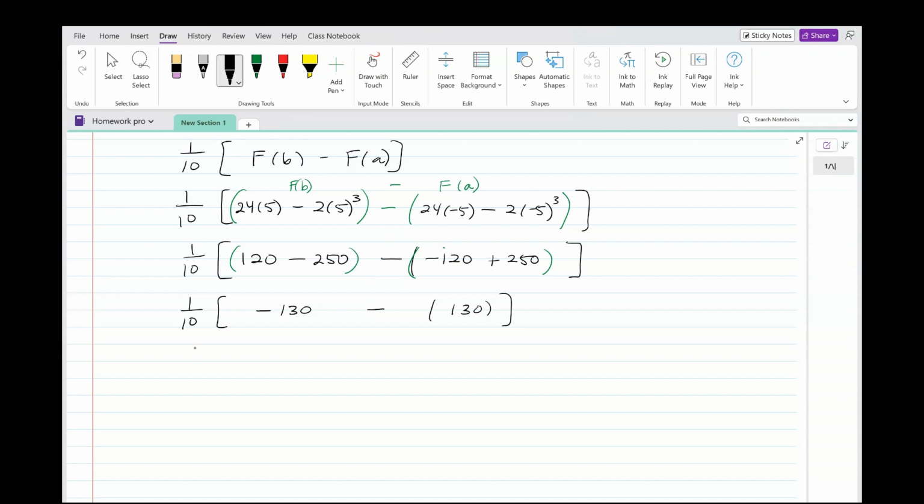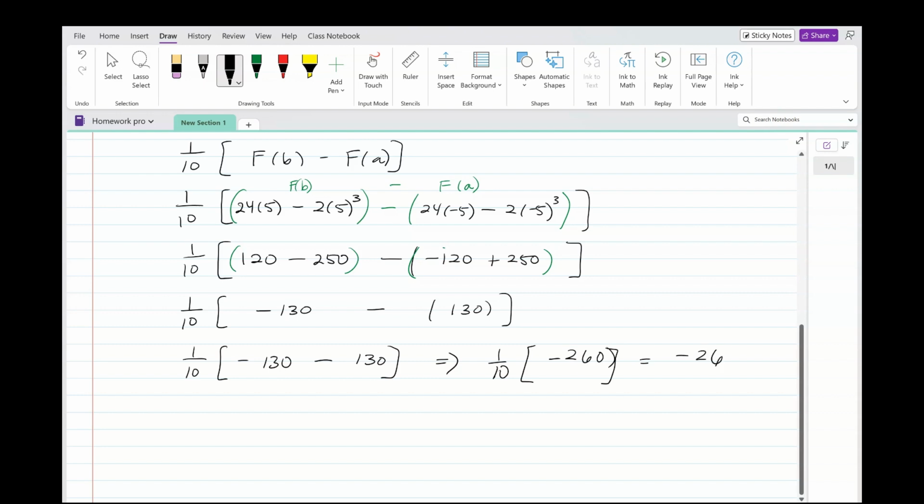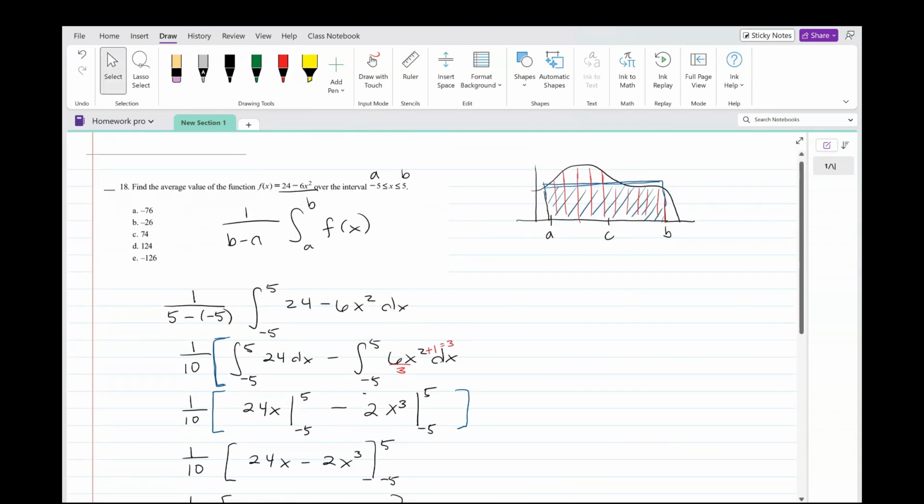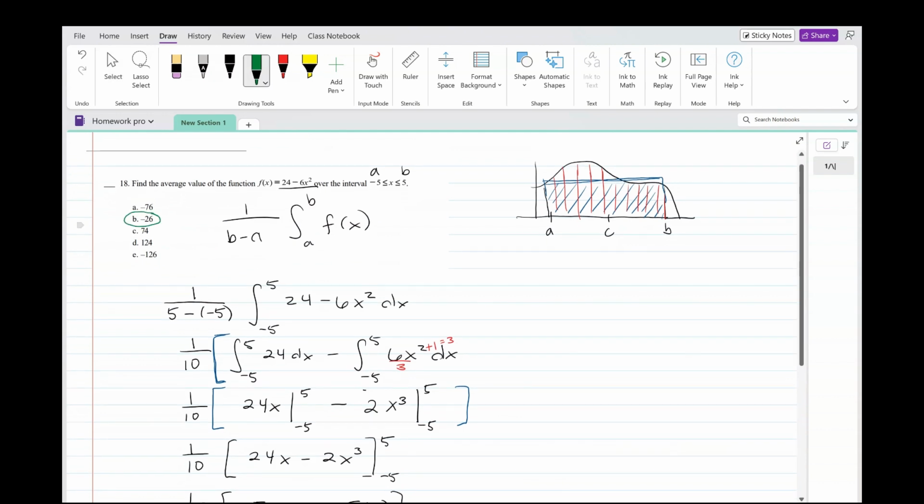So if I rewrite this again, it's going to be negative 130 minus positive 130, which is negative 260. So I have 1/10 times negative 260. Now finally, if we multiply by 1/10, our final answer is going to be negative 26, so negative 26 is going to be answer B.